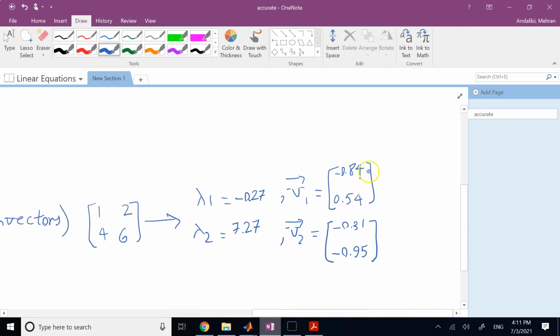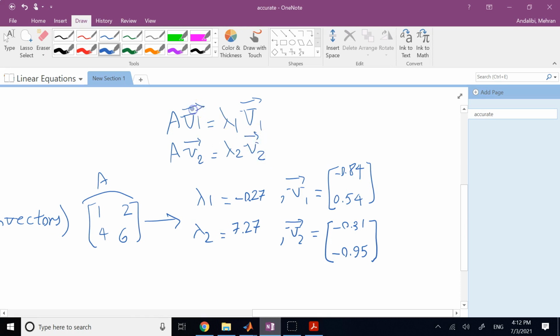Now the matter of fact is, not only are these v1 and v2 eigenvectors, which means if you multiply this matrix, let me call it A, by v1, the result is lambda 1 v1. And if you multiply A by v2, the result is lambda 2 v2.